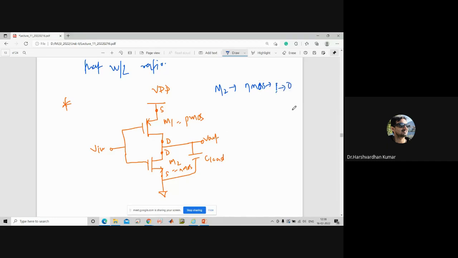So if 1 to 0, this means that it will act as a pull down device.